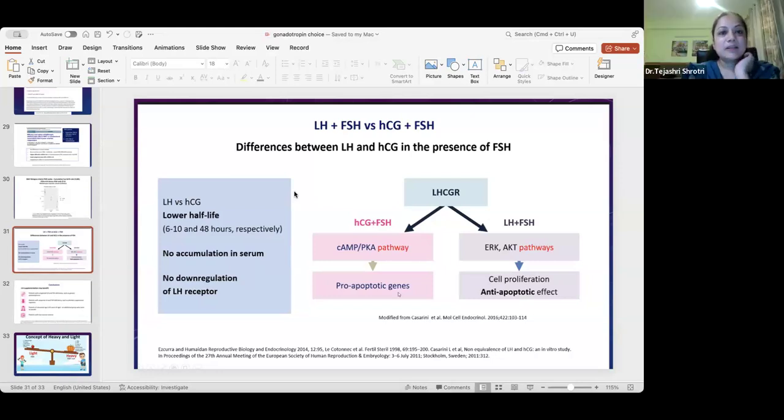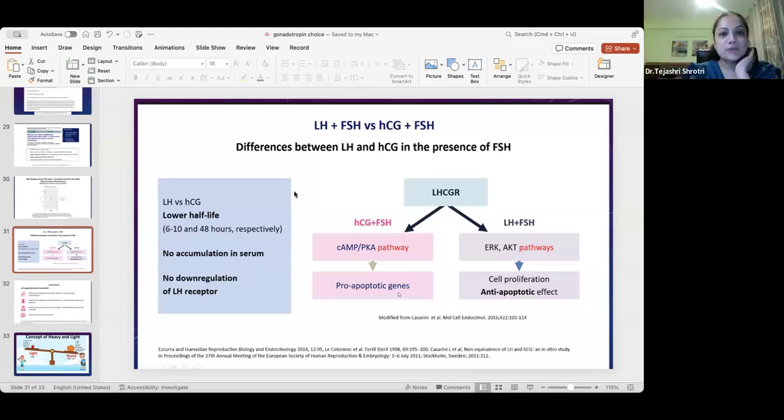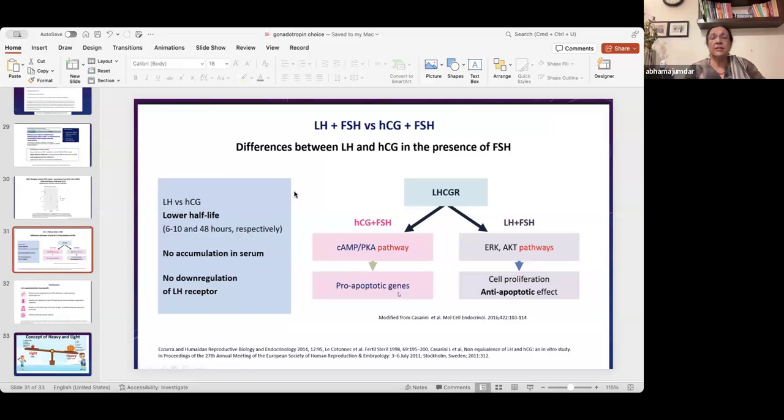Ma'am, Dr. Tarang is asking, what do you do for fertility preservation in young patients, like 18-year-olds with sickle cell disease, AMH 1.6, day 2 FSH 10.3, LH 5.6, and E2 33? You just start them on an antagonist protocol at whatever time they come to you. Suppose she's going to go through some treatment, then you have to start immediately.